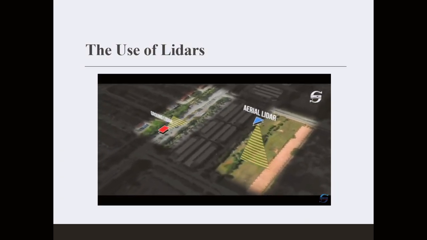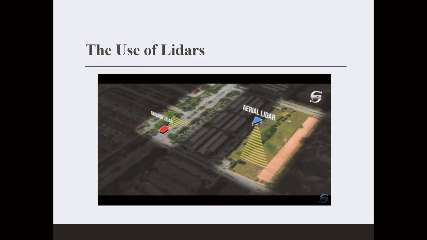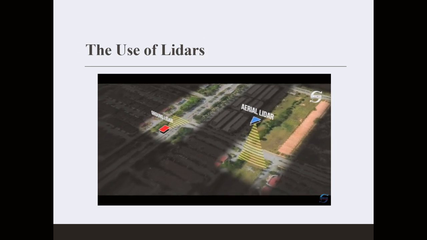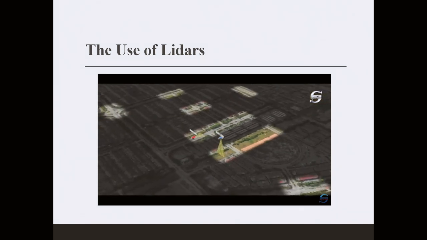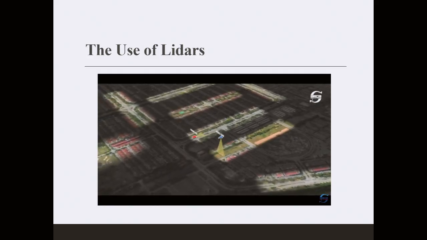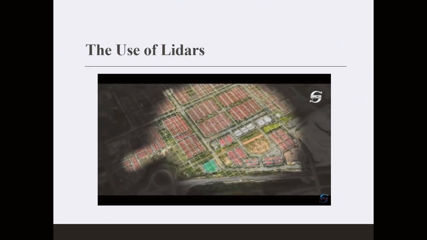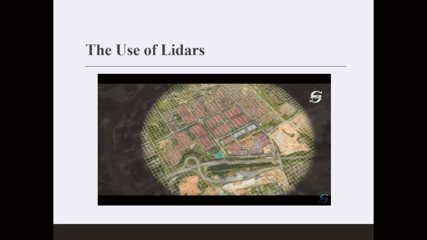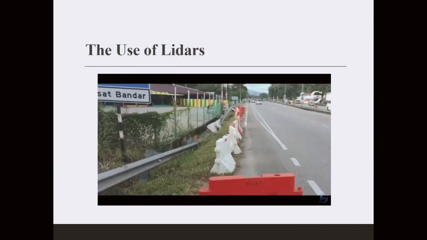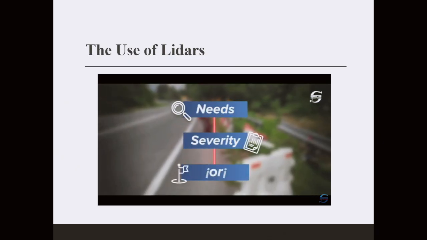Aerial LiDAR complements the results obtained from ground LiDAR by including data that is otherwise inaccessible by road. Using both LiDARs concurrently enhances the accuracy and precision of the mobile mapping project as it allows broader access to clearer data. This is essential to establish the repair or maintenance work required on each asset based on needs, severity and priority.